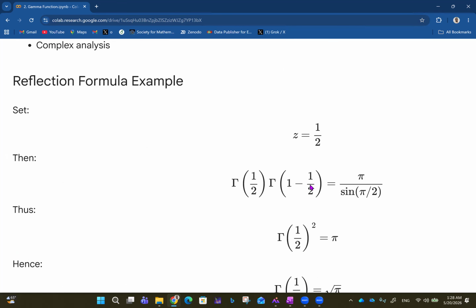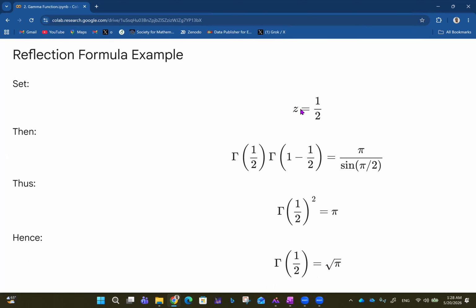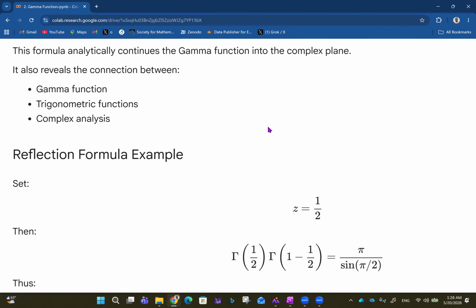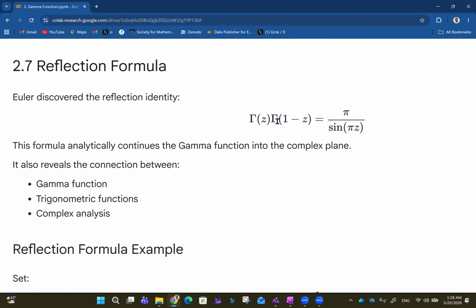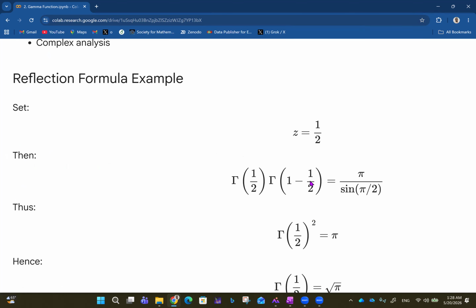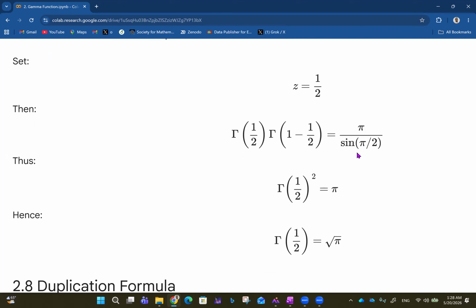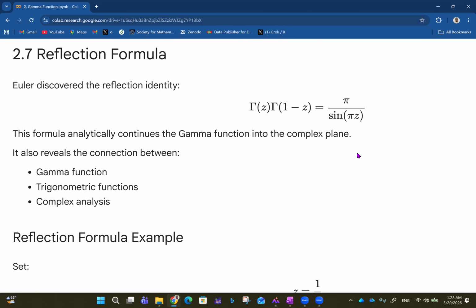For an example of the reflection formula, if we set z to be half, then we have gamma half times gamma 1 minus half, and that is equal to pi over sine pi over 2, since z is half.